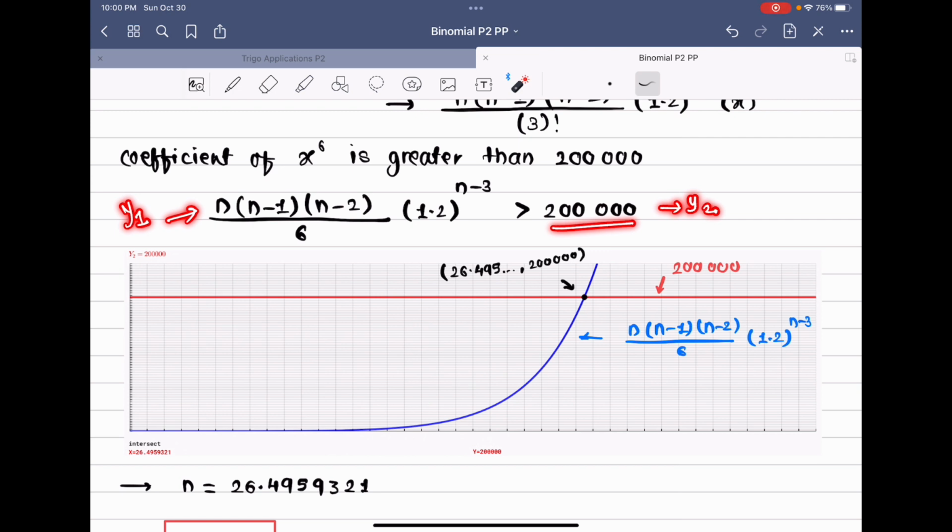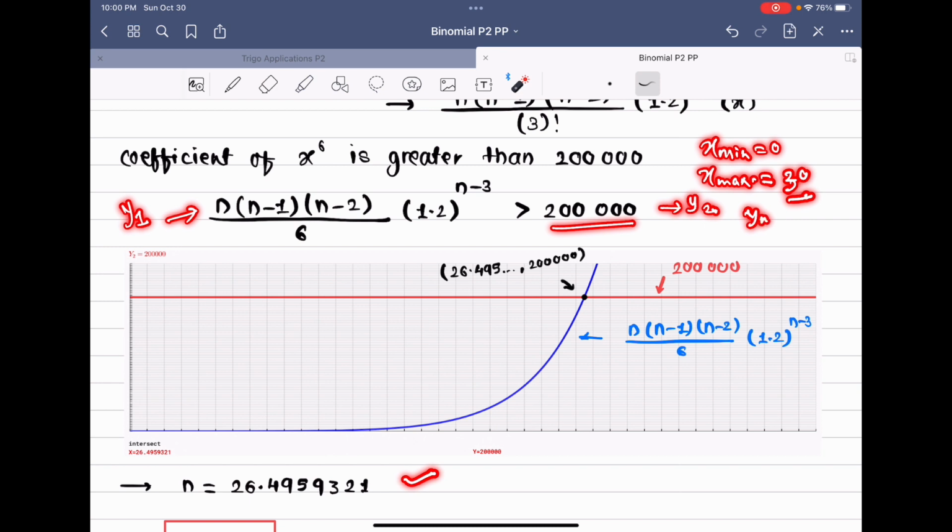This is a binomial expansion problem where n is basically your x and that cannot be negative, so your x minima has to be 0. X maxima, you just start with say 20. If you don't get it, increase up to 30. Right now you can see the answer is 26, so you can say up to 30. But if it is not, always take more than that.